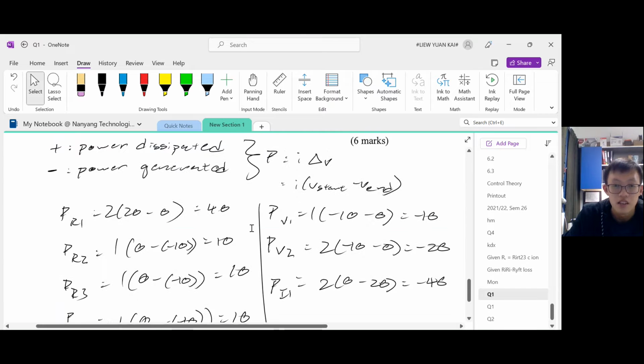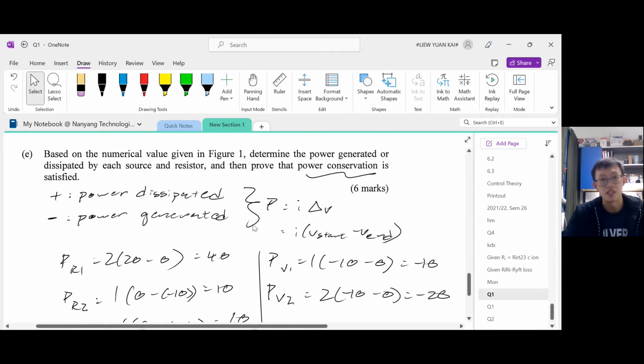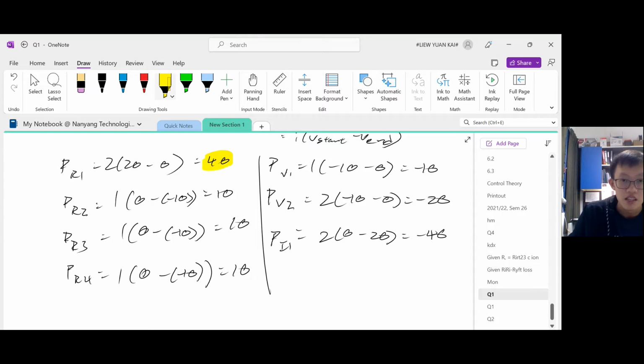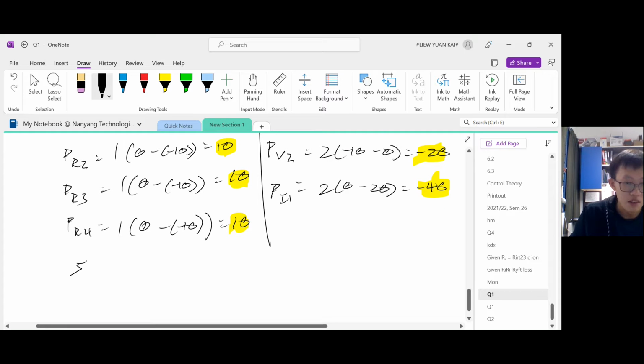So how do we prove power conservation? To prove power conservation, you sum up all the powers of the devices, including their signs, negative and positive, and they must give you 0. So take this plus this plus this plus this plus this plus this plus this. The sum of the powers is 40 plus 10 plus 10 plus 10 plus -10 plus -20 plus -40.